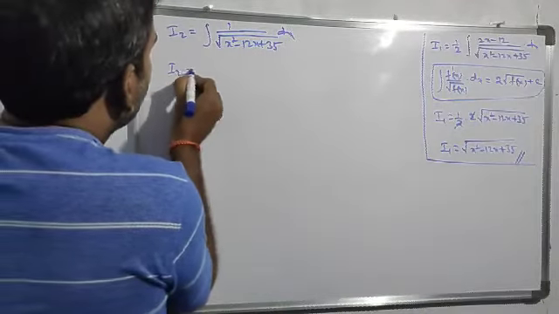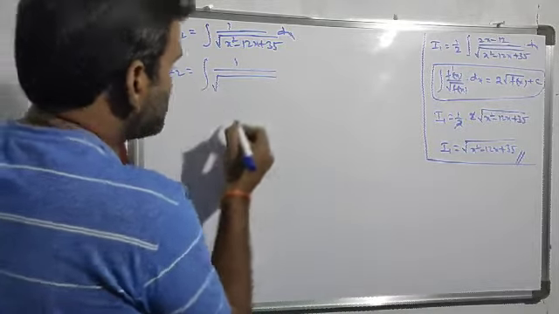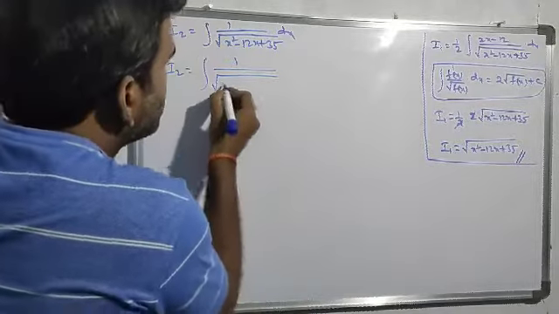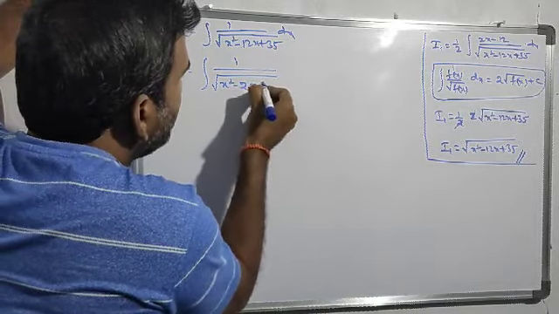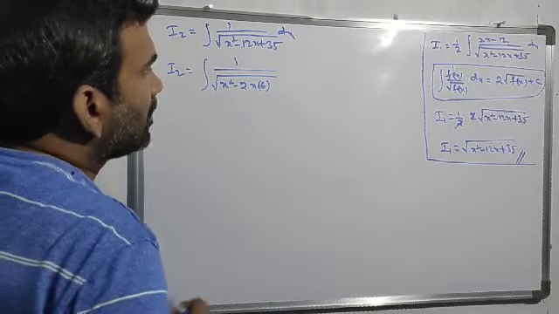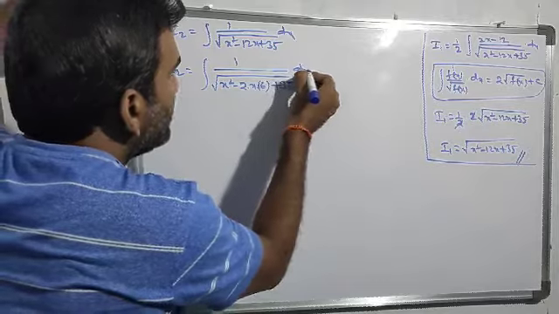So I2 equals integration of 1 by square root of x square minus 2ab plus 35 into dx.